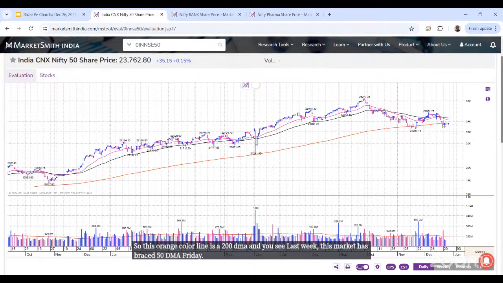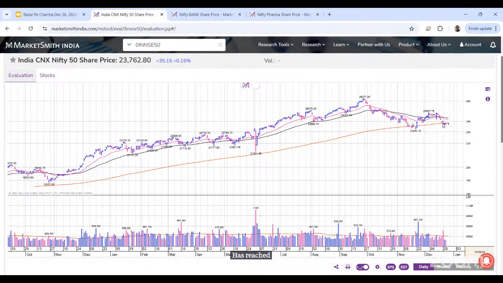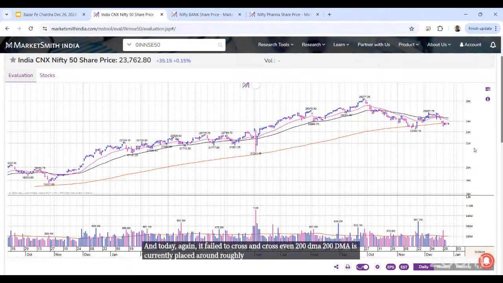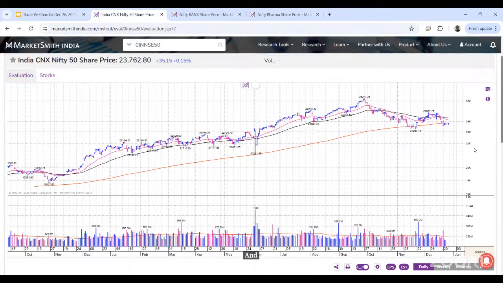Friday it breached the 200 DMA, and after that it is trending below the 200 DMA only. And today again it failed to cross even the 200 DMA. The 200 DMA is currently placed around roughly 23,850, and today's high was also in that particular range.